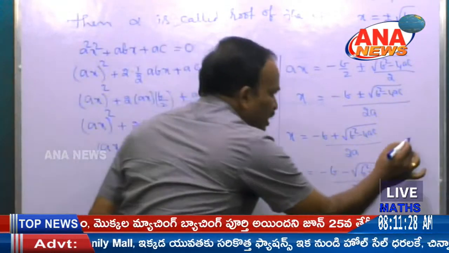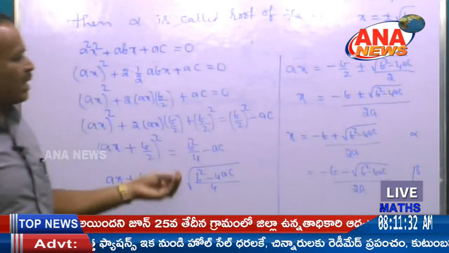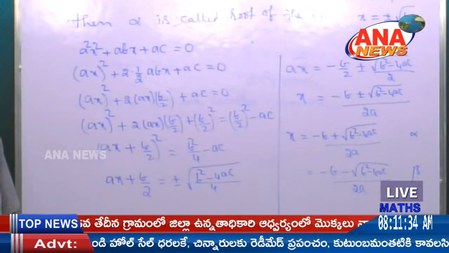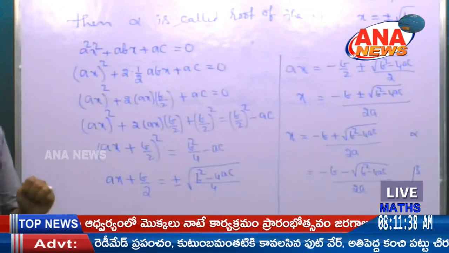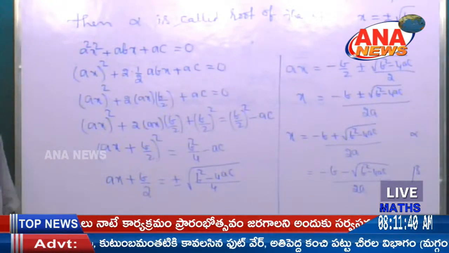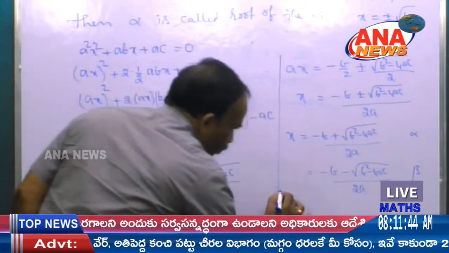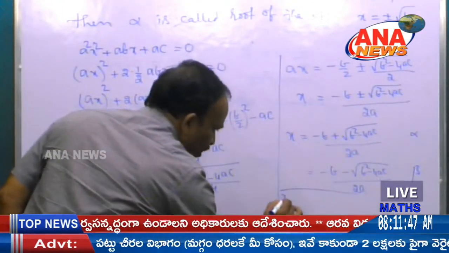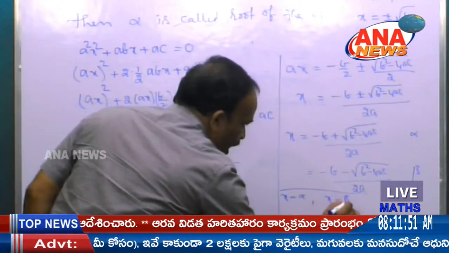Suppose the first one is alpha and the second one is beta. Suppose x is equal to alpha and x is equal to beta. These two are roots of the equation. So x is equal to alpha is one root, x is equal to beta is another root.